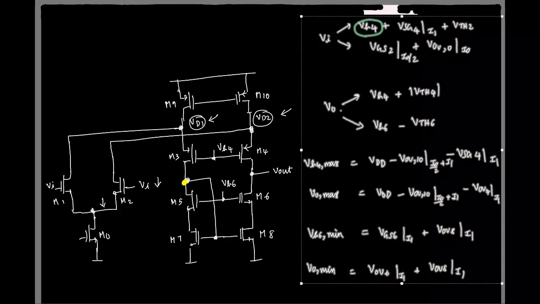Draw in a conventional way, source comes at the top, else it becomes difficult, because source should be at higher potential. You started right. You draw the source at the top. First of all, draw the PMOS differential pair. That's enough.